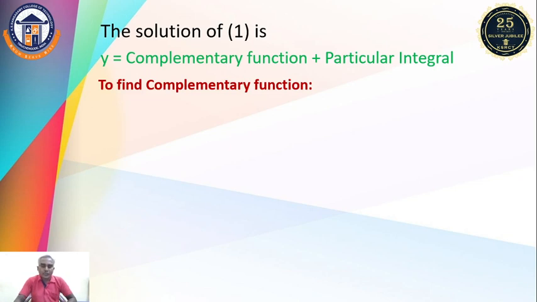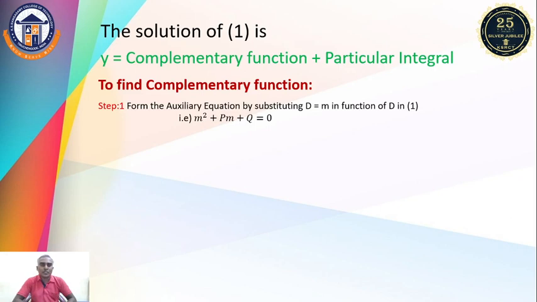In the very first step of the complementary function, we try to form the auxiliary equation. How to find the auxiliary equation? By substituting D by m in the function of D in equation number 1. We already know what the function of D is. That is capital D square plus p into D plus q.